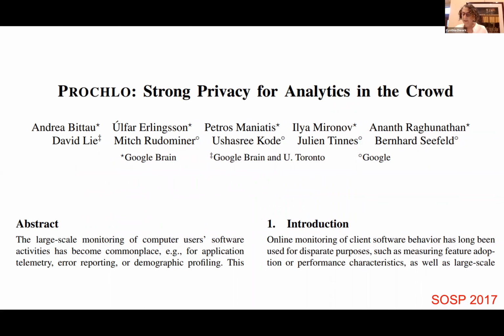Okay, and now we come to something that's quite new. So this was a 2017 paper, which is very, very thoughtful and extremely thought-provoking. And it tries to lay out a complete architecture for privacy, for analytics in a crowd.